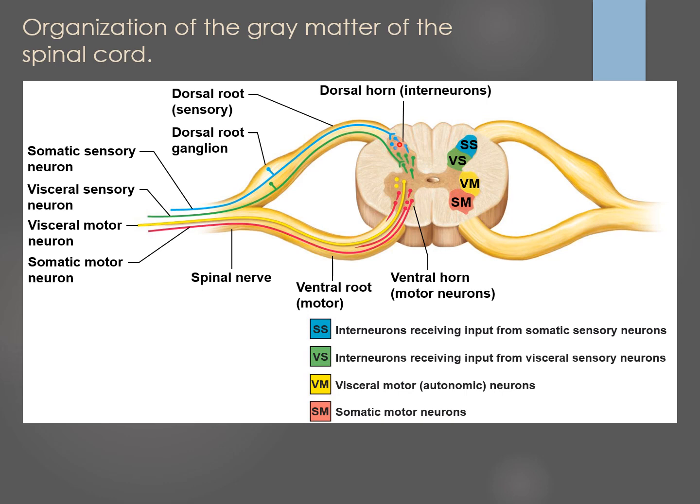Then we have the interneurons in here. Then we have, as you can see, our ventral horn motor neurons. And these are the somatic motor in red. And then you have the visceral motor, which again are autonomic nervous system, and those are in yellow here.